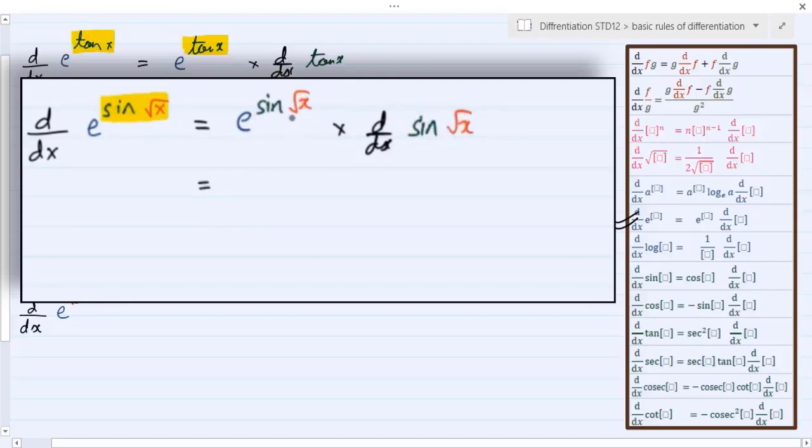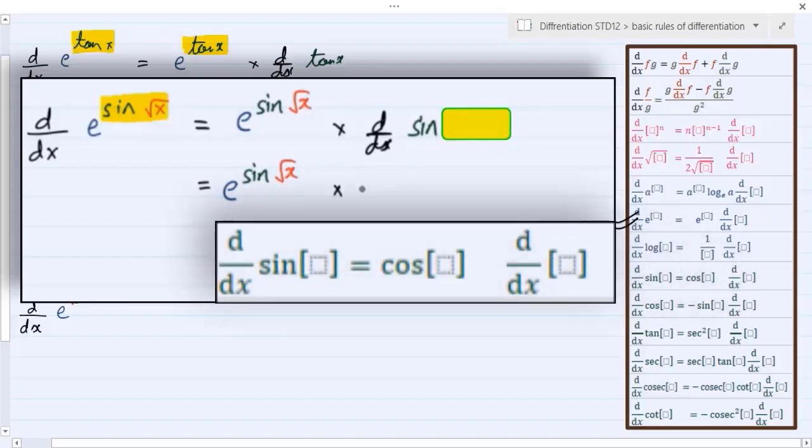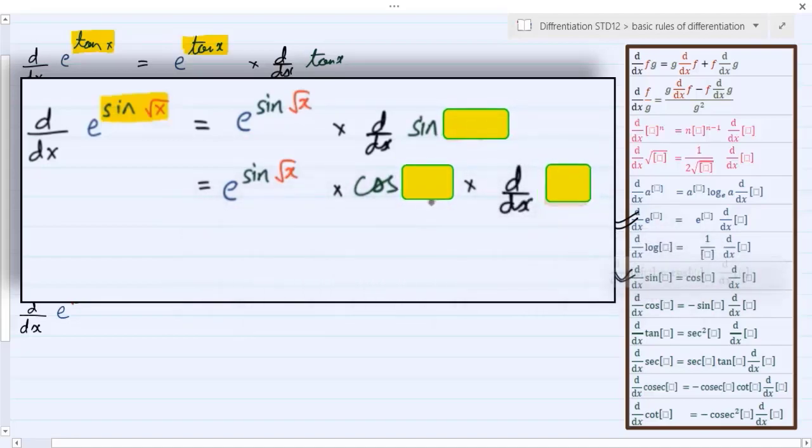So now we don't have to worry about this e raised to sine root x. It will be as it is. We just have to differentiate sine root x, and for that root x is an inner function. So differentiation of sine box will be cos box into differentiation of box, and within the box we have root x.